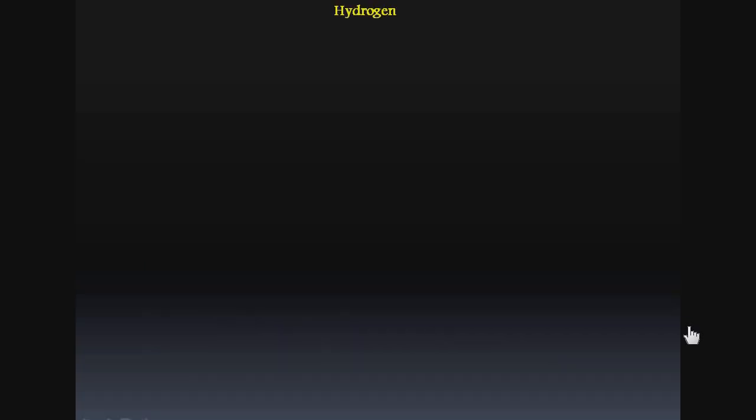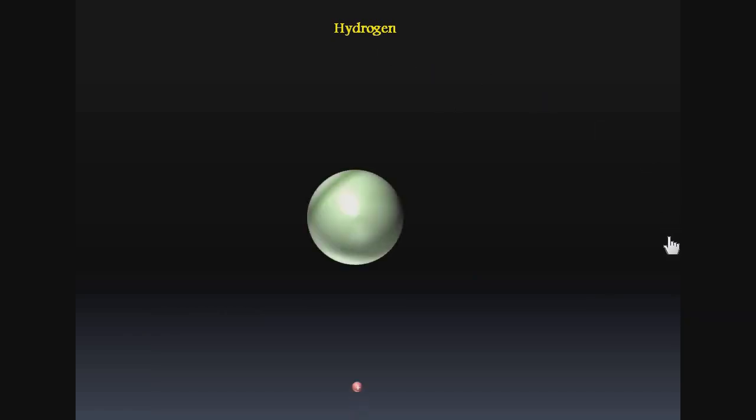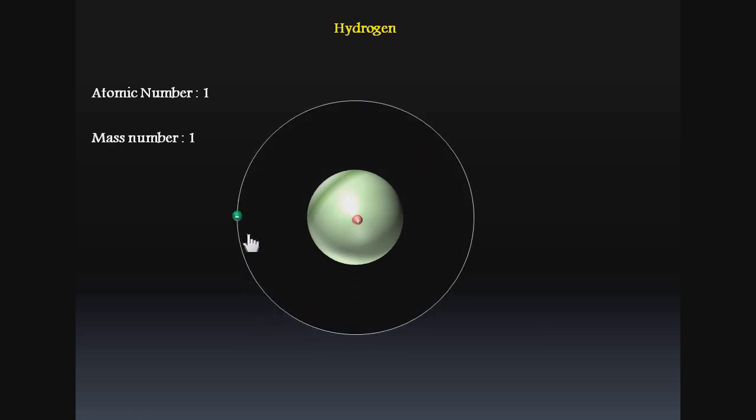The first element is hydrogen. It has one proton in the nucleus, so atomic number is 1. There are no neutrons in the nucleus of hydrogen. Total number of nucleons is 1 itself, hence mass number is also 1. One electron is revolving around the nucleus in the first shell or K shell.